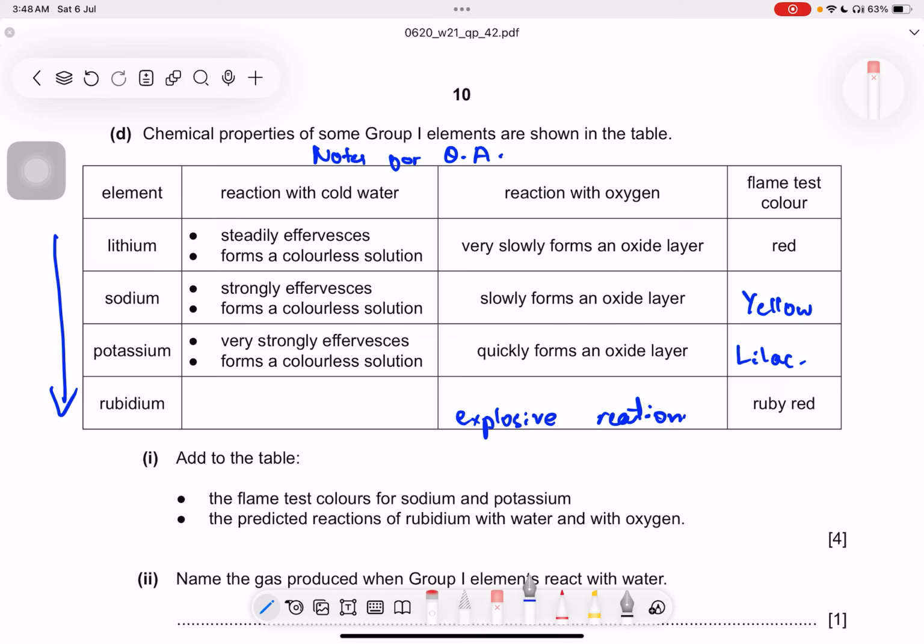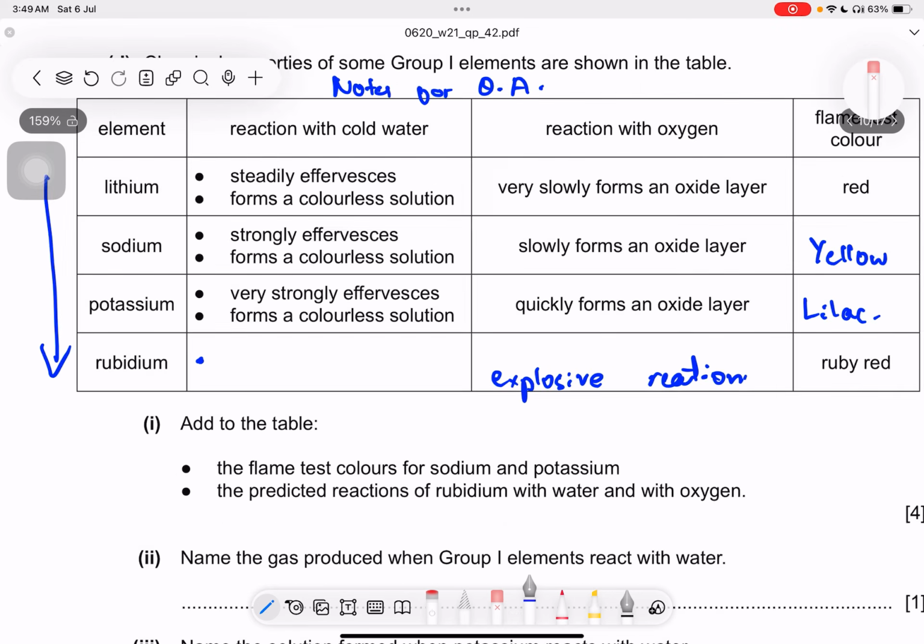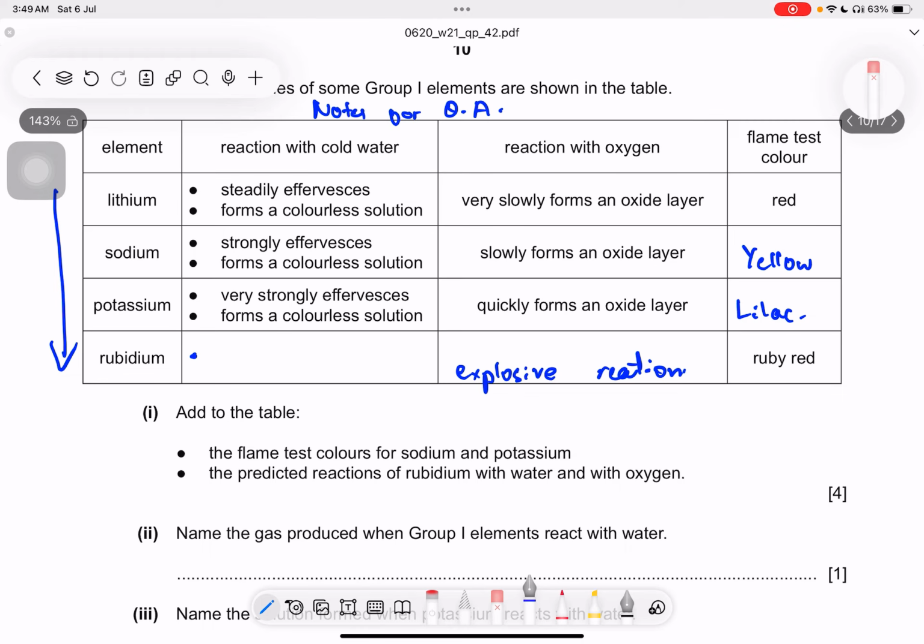If they're talking about an oxide layer, we can say an explosive reaction and it forms an oxide layer. As for the reaction with cold water, they were saying steadily effervesces, which means bubbles are produced, and a colorless solution is formed. So we can say vigorously or explosively, or describe it as even stronger than potassium.